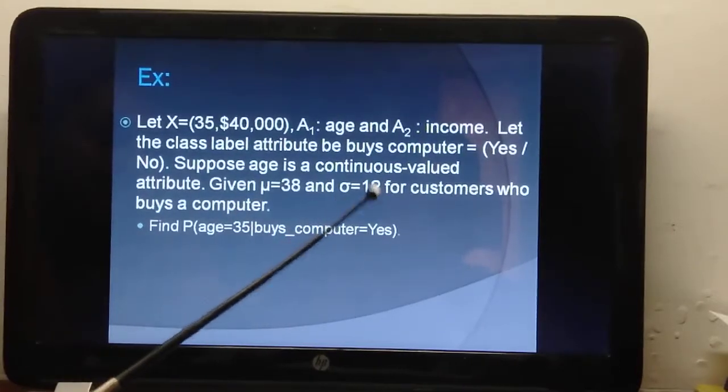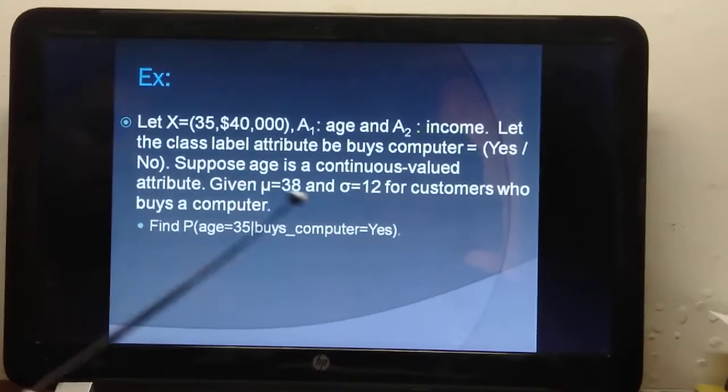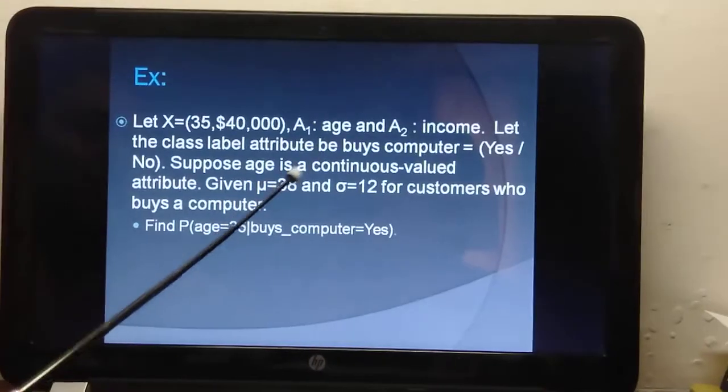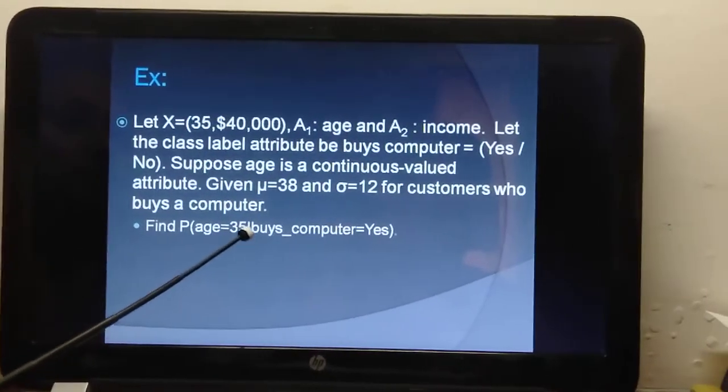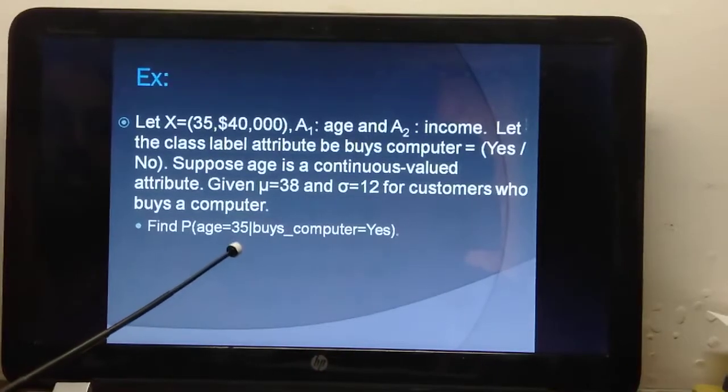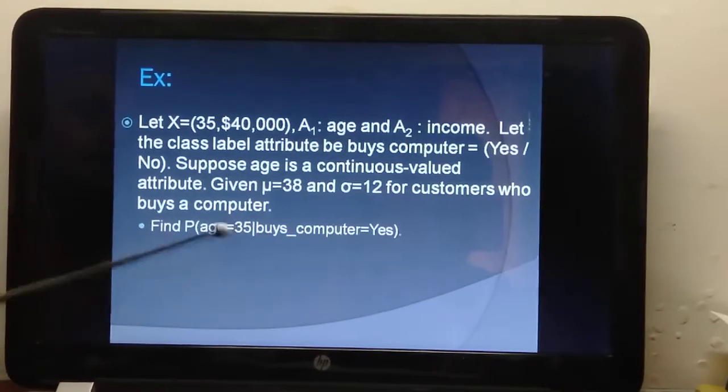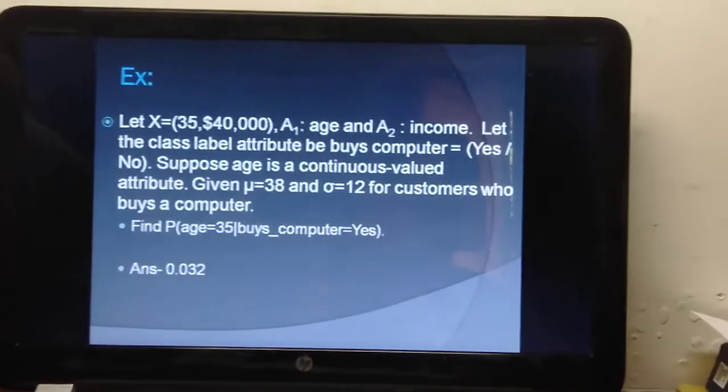So wherever it is yes, this is the mu and the sigma value. Now, simply substitute these values into the Gaussian equation and you will get 0.032.